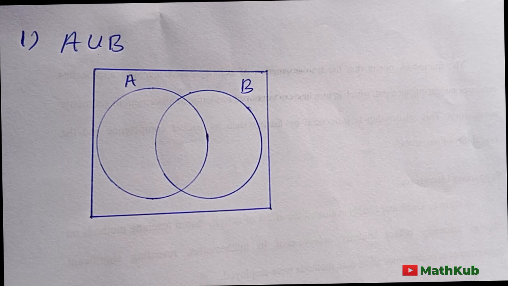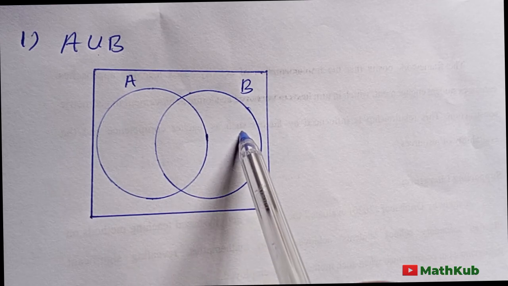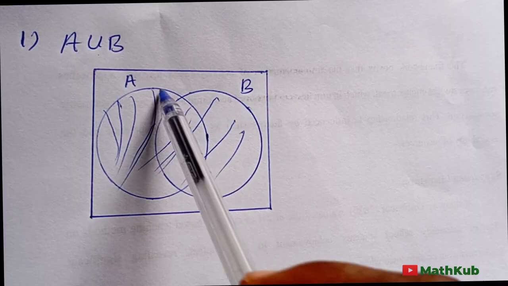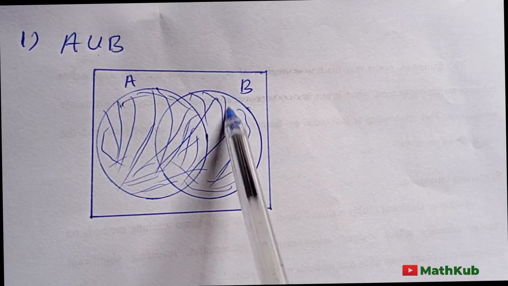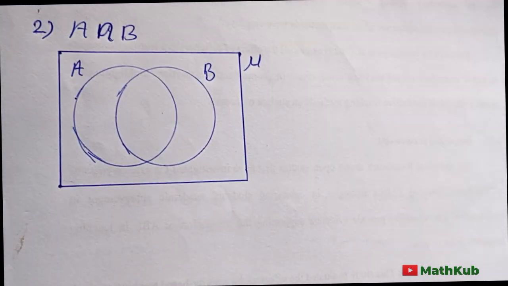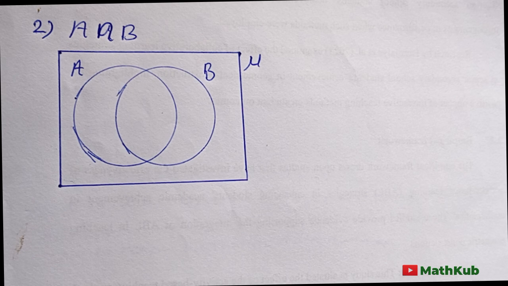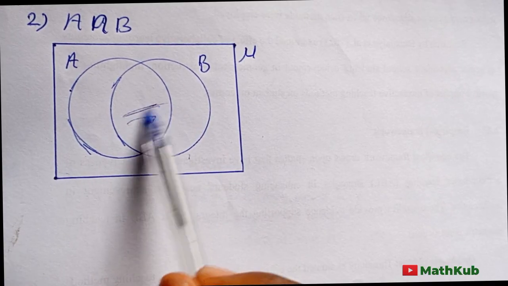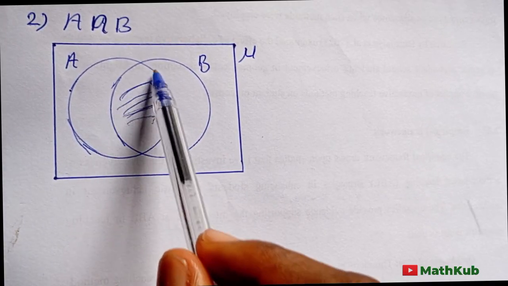First on our list, we have the first relationship between two sets, A union B. A union B will be the shaded portion. All of this is A union B. Second on our list, we have intersection. A intersection B is the shaded region.